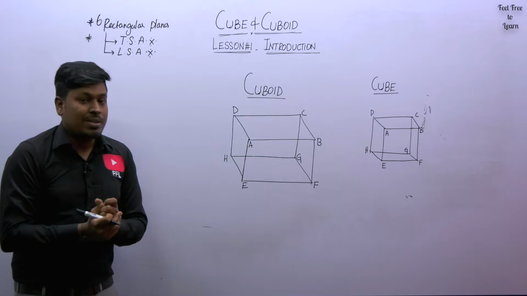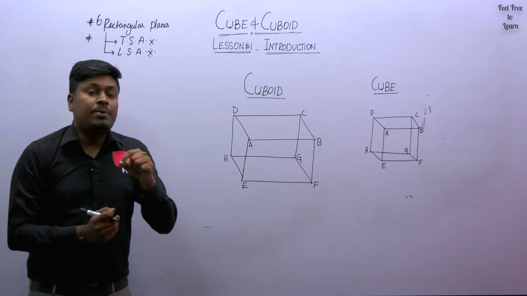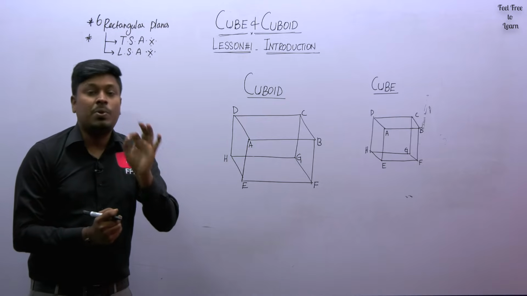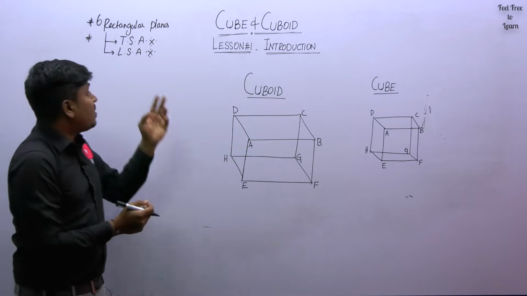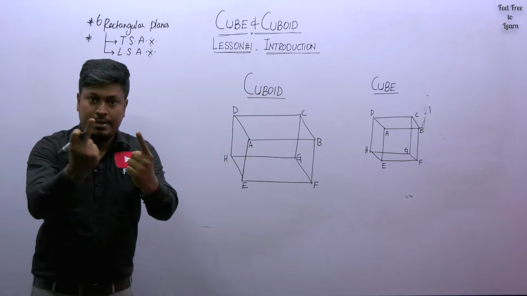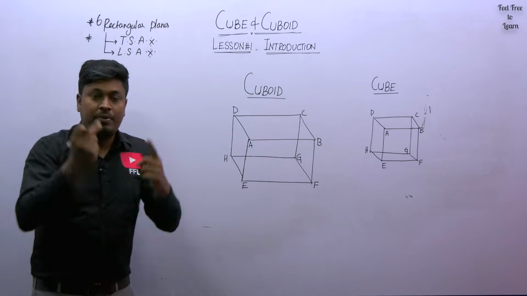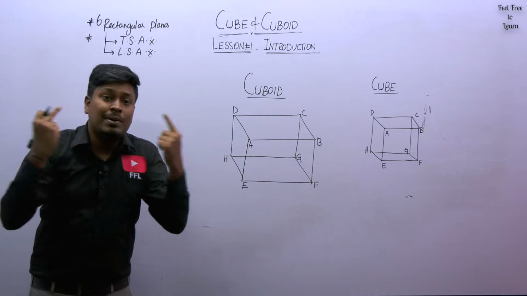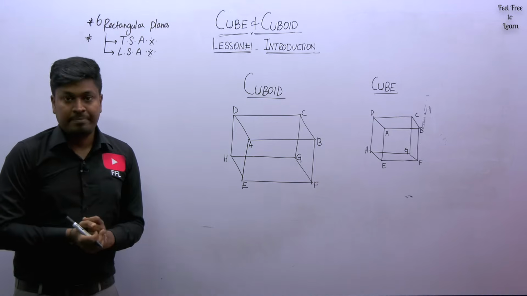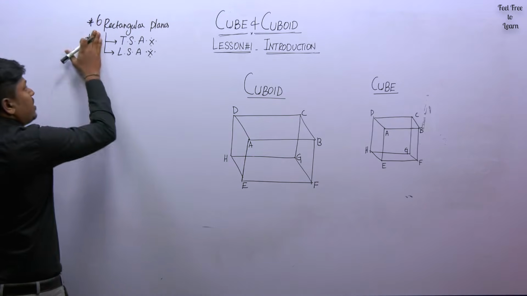So understood, friends, what is the total surface area? If you take all the 6 rectangular planes, it is the total surface area. What is the lateral surface area? Only the 4 sides that surround, not the top and the bottom. Right? So these 2 points you need to remember.